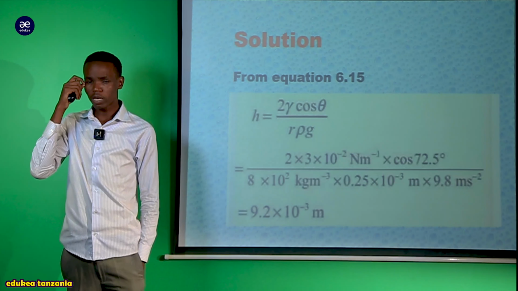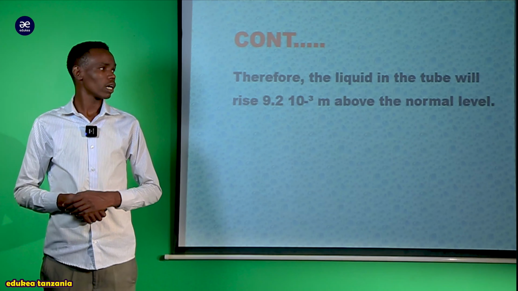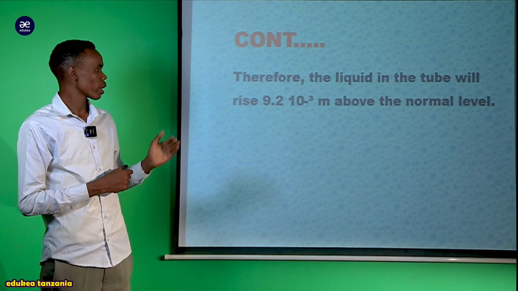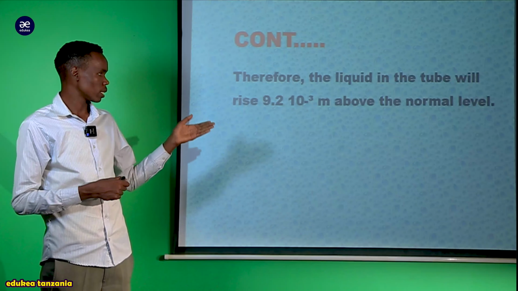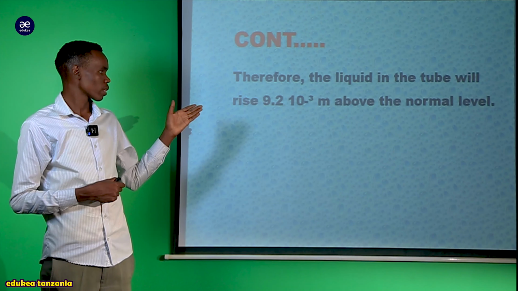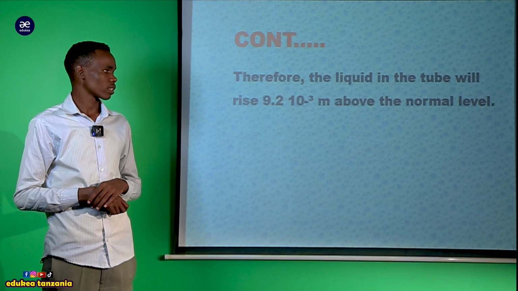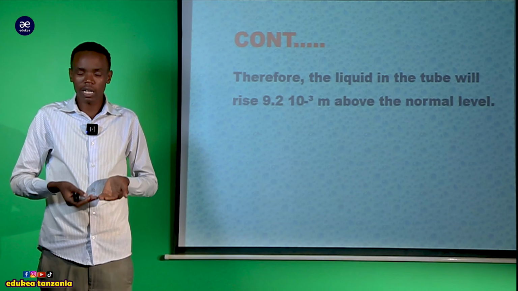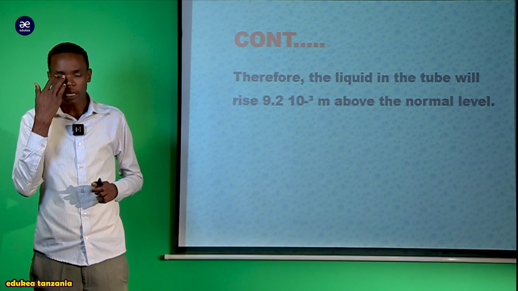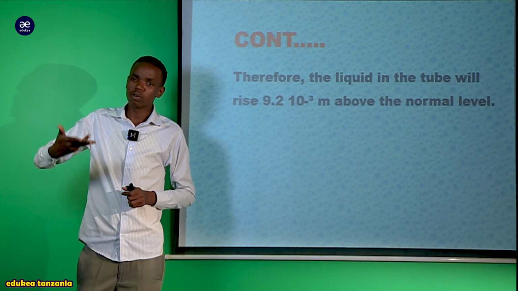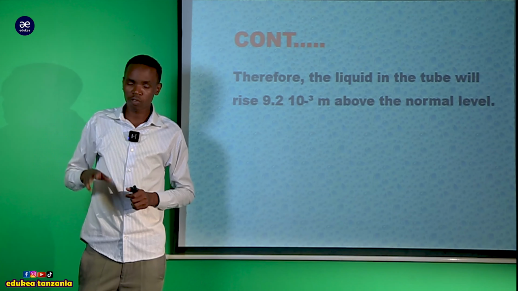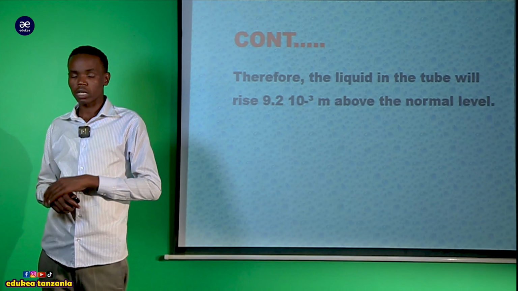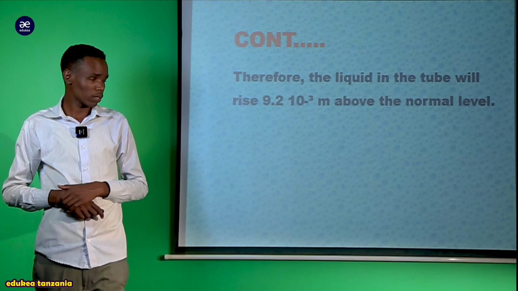Now, after obtaining it, let us conclude by saying that the liquid in the tube will rise up to the height of 9.2 exponent negative 3 meter above the normal level. So this is the height by which the amount of liquid will increase in the narrow or capillary tube, my dear students.